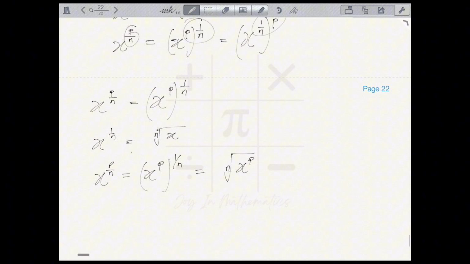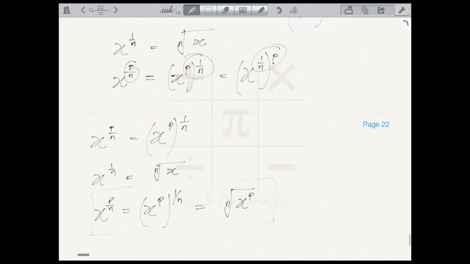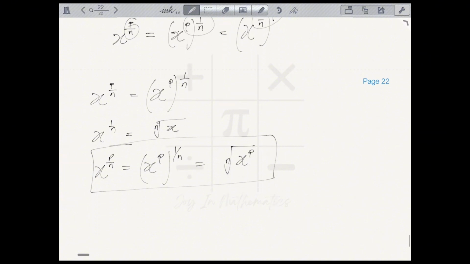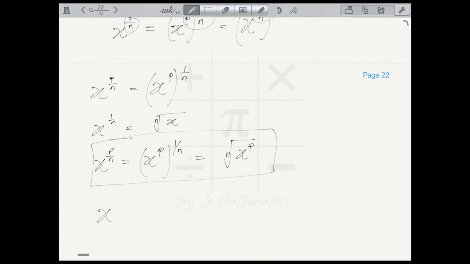So we can write it in this format as 1. Remember that we can write it in 2 ways, like this, 1, and like this, 2. So if you write it as x raised to power p over n equals x raised to power 1 over n, all raised to power p, we then consider it as the nth root of x, all raised to the power of p. All the same, this means the same thing.